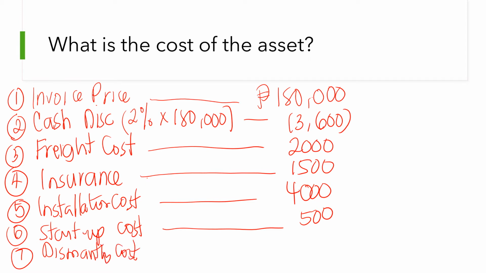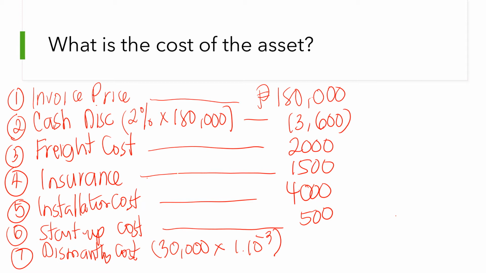Now for the dismantling cost, we need to compute the present value because the 30,000 cash outlay for the dismantling of the asset will happen after 3 years. So this is 30,000 multiplied by 1.10, because the average borrowing rate is 10%, raised to negative 3 because we are using the present value formula.